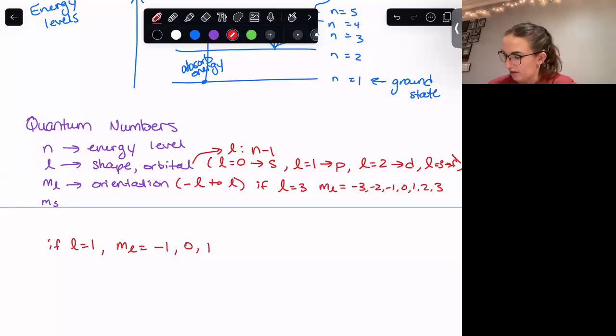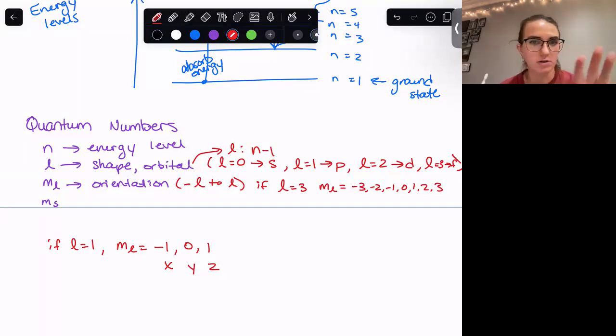So this is like thinking about the x, the y, and the z plane. Think about your dumbbells going across the x-axis, the y-axis, and then coming out towards you on the z-axis. And that tells you the orientation around the nucleus of where that electron could be. Your subshells are going to be your orientation.